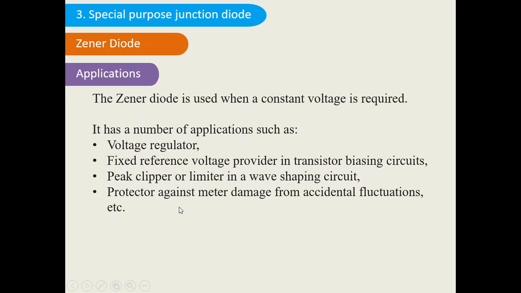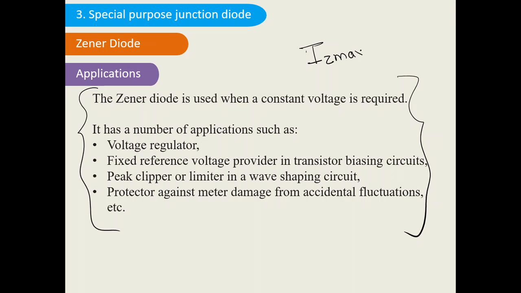But in order to get this application, we should always make sure that the IZ value should not increase beyond the IZ maximum value.